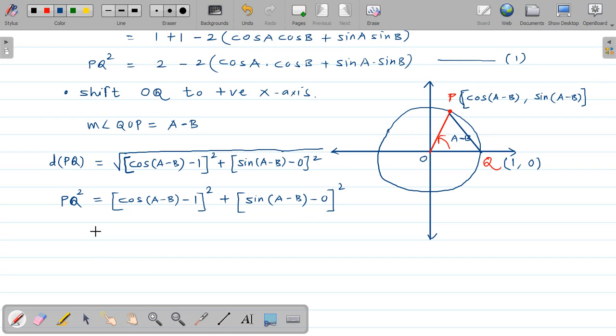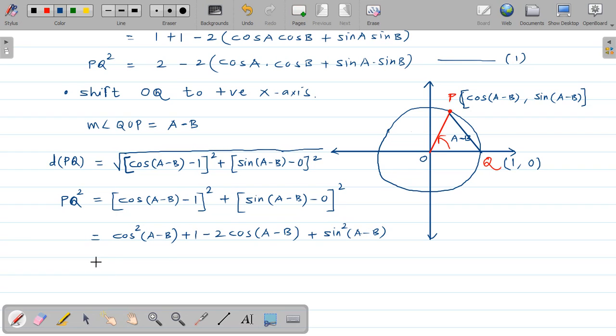Now expand this. After expansion, it will be cos square(A minus B) plus 1 minus 2 times cos(A minus B). This is the expansion of the first bracket, plus in the next bracket there is only sin(A minus B) and its square, so it will be sin square(A minus B).